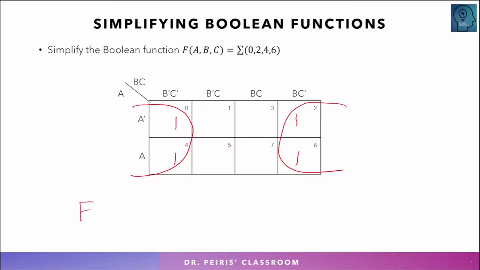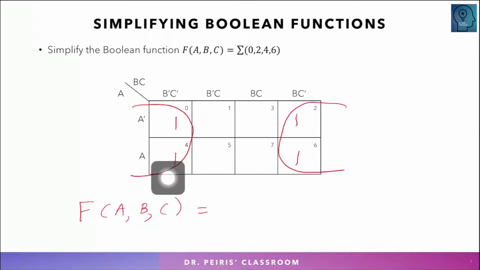So what would be the output for this group? Now you need to figure out what is common for these four minterms. The row is not common because they are in two different rows, so nothing comes from that term. Now if you look at this column and this column, which variable is common?